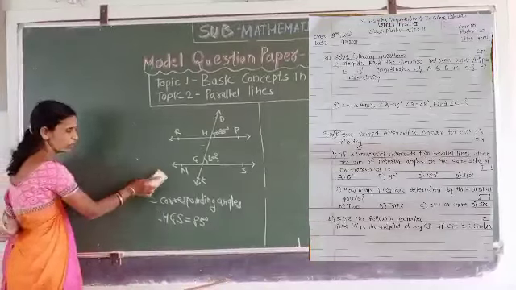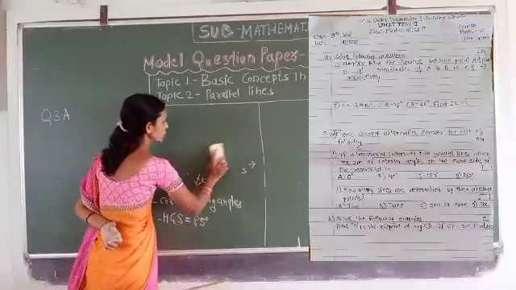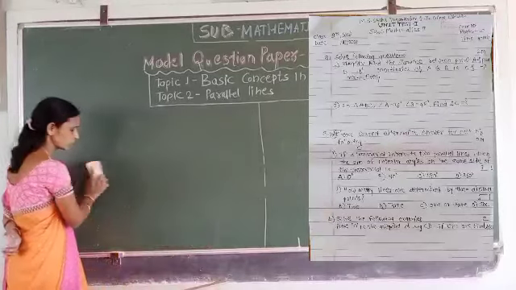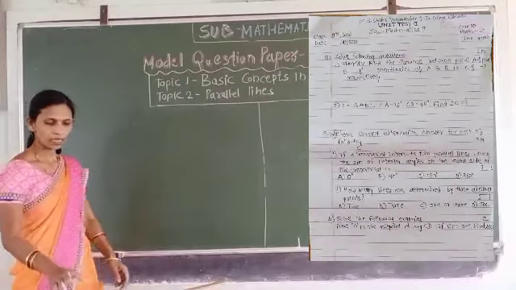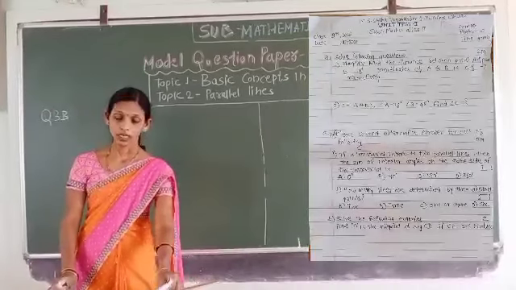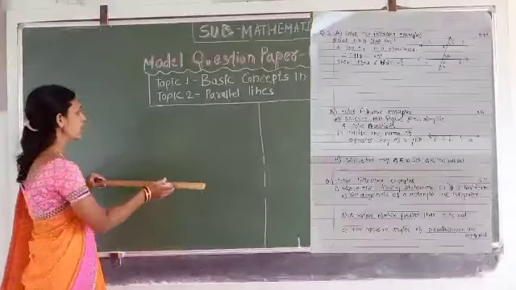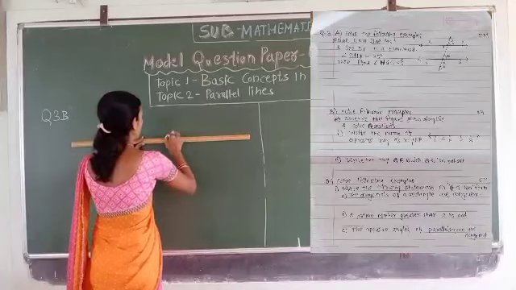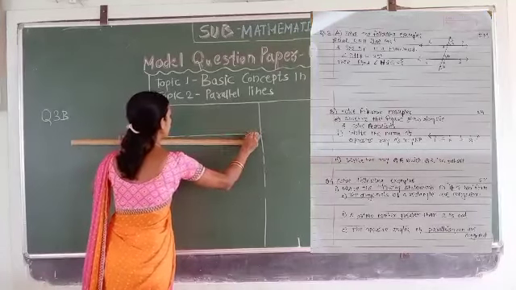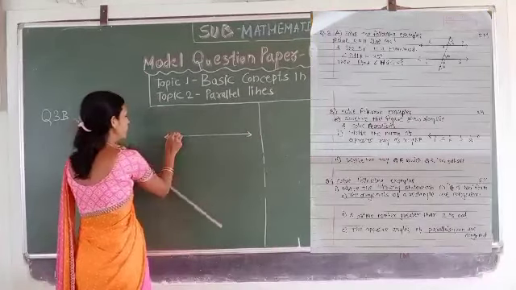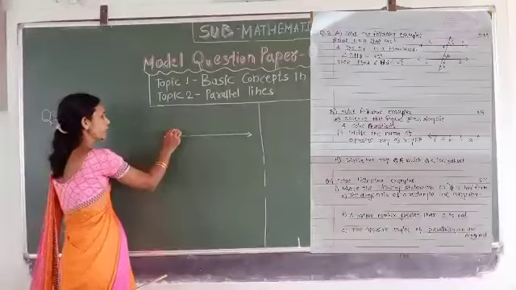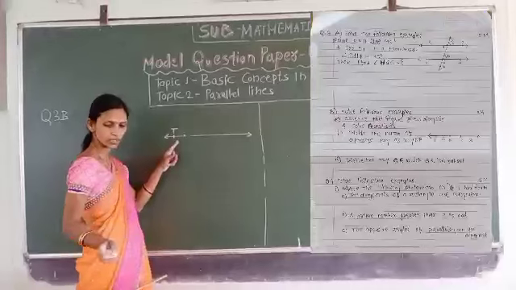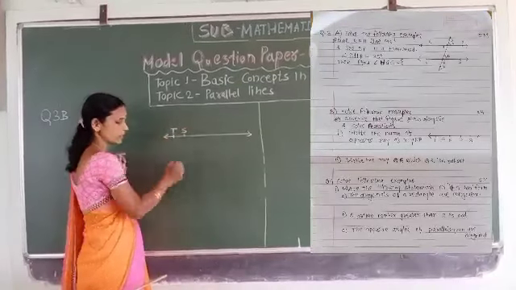Then we will solve one more example which is given in question number 3b. Here the figure which is given is a line on which different points are given, and we have to solve the examples based on that figure.